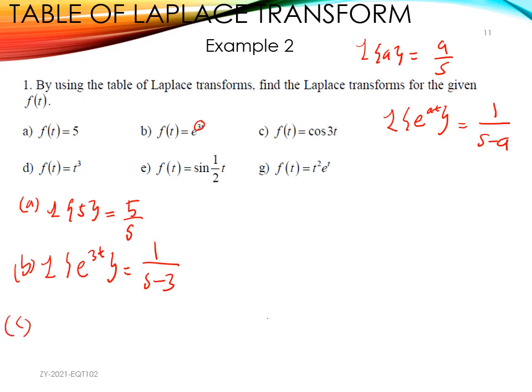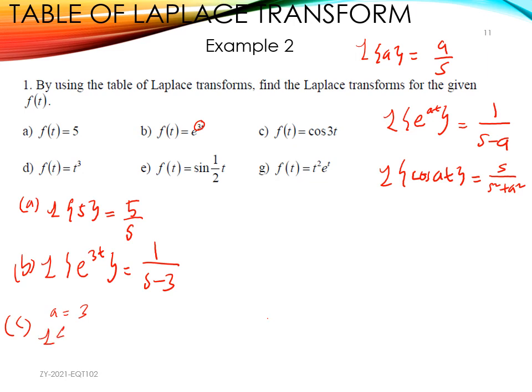For c, if cos 3t, what is it? From the table, the Laplace of cos at is s divided by s squared plus a squared. So know your s, know your a. Your a now equals 3.